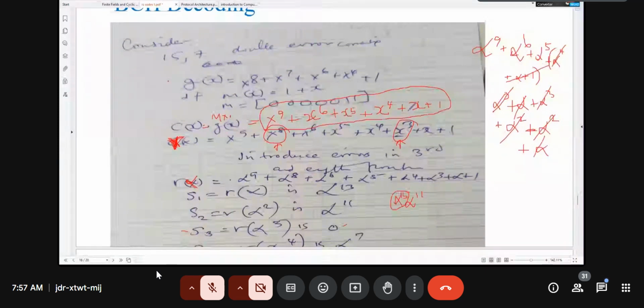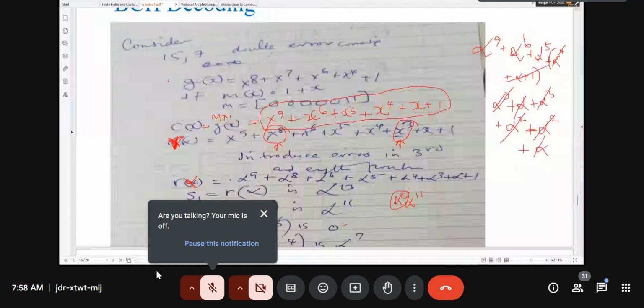Now, what I tried to demonstrate at the beginning is, if you do the syndrome, the first syndrome is simply R of alpha. The second syndrome is R of alpha squared, to the power of 2. The last syndrome is R of alpha to the power of 3.